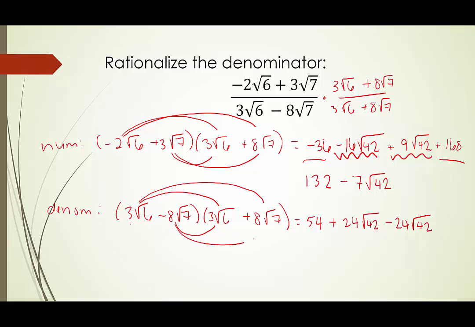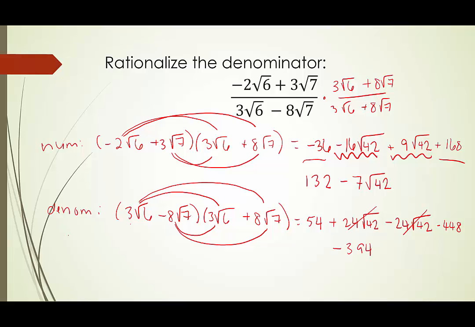And lastly, we have minus 8 radical 7 times 8 radical 7. Well, minus 8 times 8 is negative 64. And negative 64 times 7 is 448, negative 448. Woo, that's a huge number. Okay, now look what happens. Yay, those cancel as they should. And then we want to combine the two rational parts. When we subtract 54 by 448, we end up with negative 394.